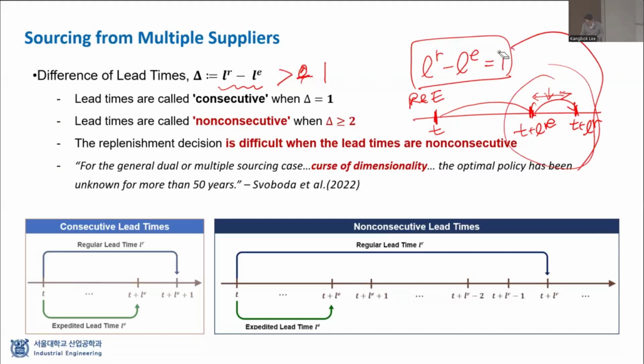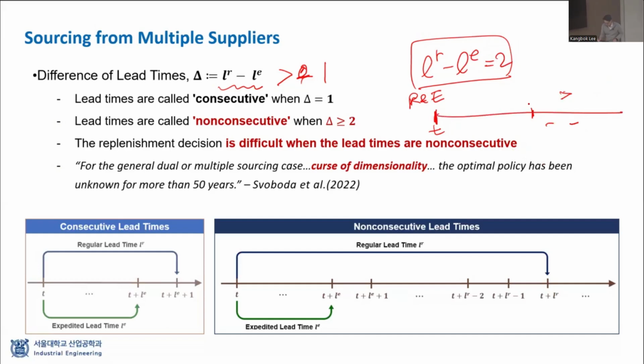If the difference is 2, a strange thing happens. Here, this is regular, and this is expedite. Then I also need to consider another order that was ordered previously and comes in at this time. So not only do I need to consider 3 time periods here, but more than 2 time periods for the ordering time.